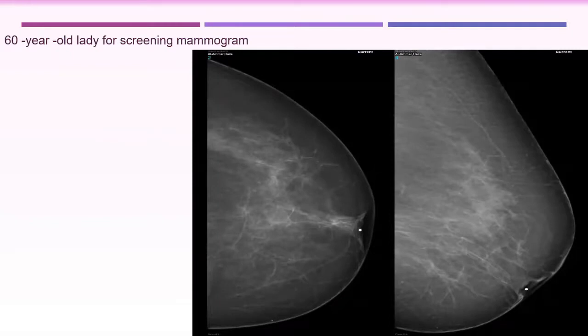Especially if the patient has previous images, you will confidently say this is sequelae of ductectasia. The commonest cause of nipple retraction is ductectasia, especially in elderly women.